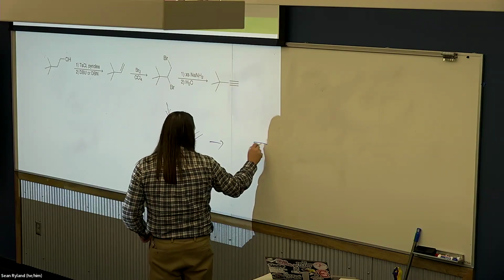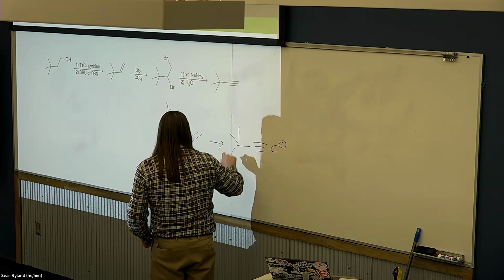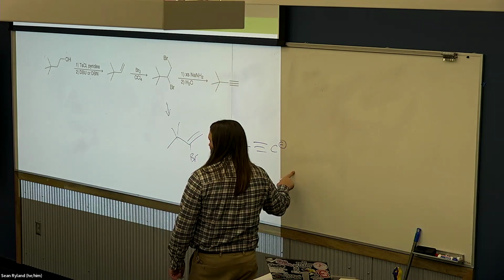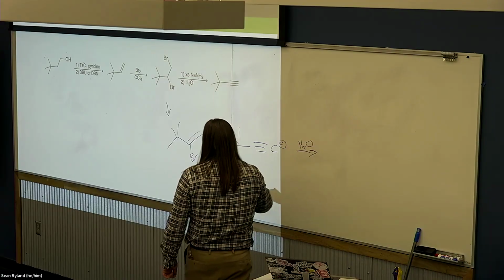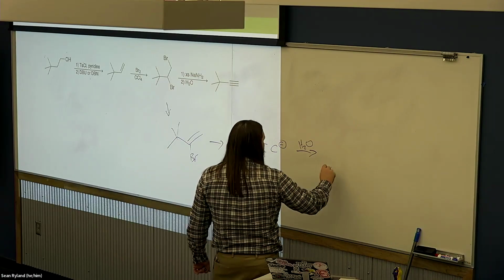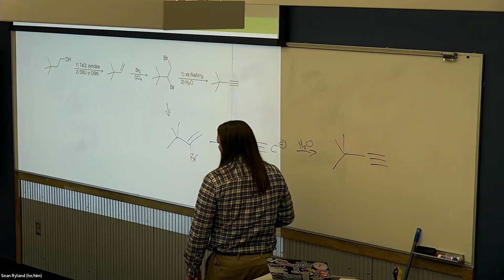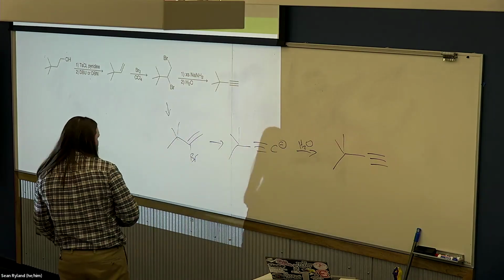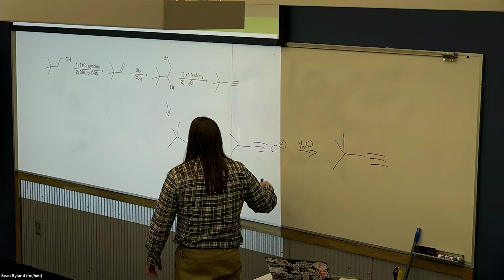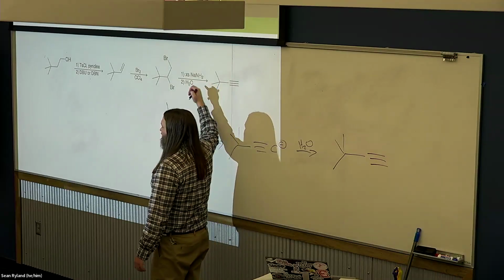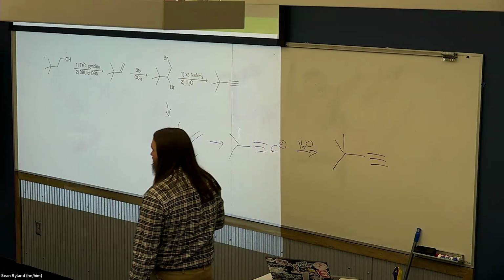Then we get the deprotonated alkyne, which when we follow it up with water, we get our final product. Because basically we're going to go past the alkyne if we have an excess. So the water is just there to give that final step as a proton source.